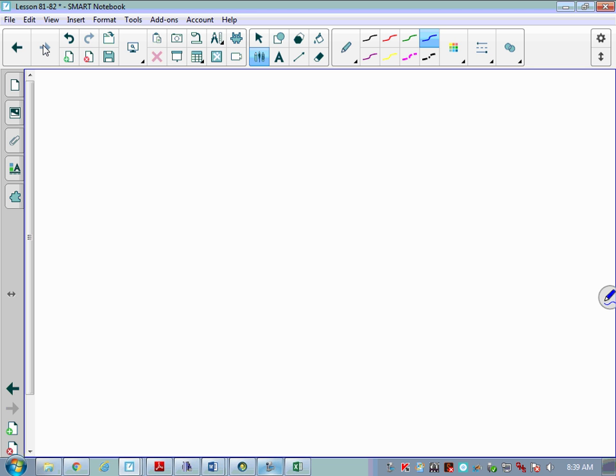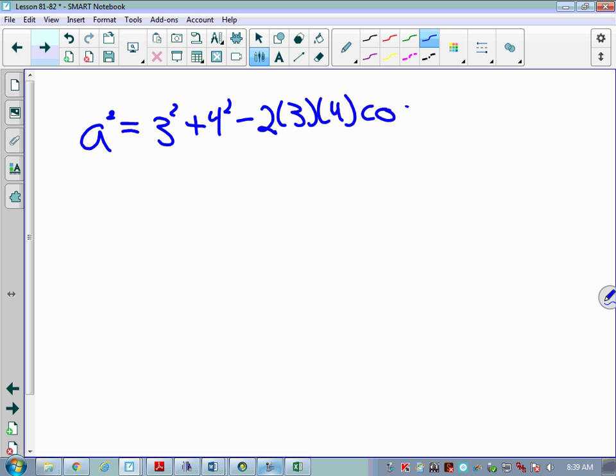Let's see, number 4. And this is one of those easy ones. I'm not even sure that I'm going to draw the picture here, because it asks what is the length of side A. So we're going to get A squared, and this is one where we can plug the whole thing into our calculator at the same time, which is nice. So we have 3 squared plus 4 squared minus 2 times 3 times 4 cosine, and angle A is 114.